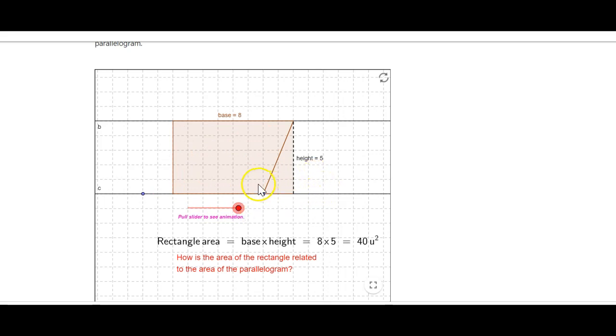Now notice what we have. We have a rectangle with the length being the base. Now that I move this triangle over, it's a little more obvious that the bases are congruent in length. And the height of the parallelogram is now the height, or the width, of the rectangle.